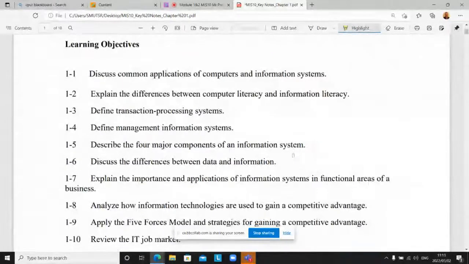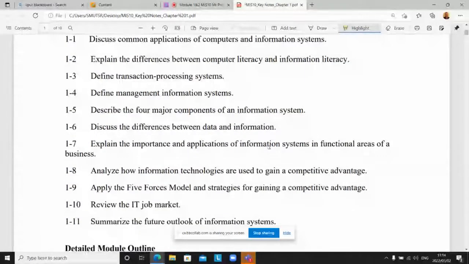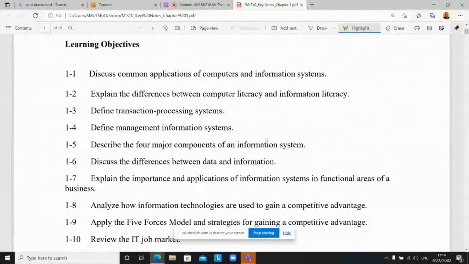Under our learning objectives, and I know you guys can read, so I'm not going to read for you. There are 10 or 11 of them in chapter 1. Now, what I'm going to do is highlight as you would do when you are studying.